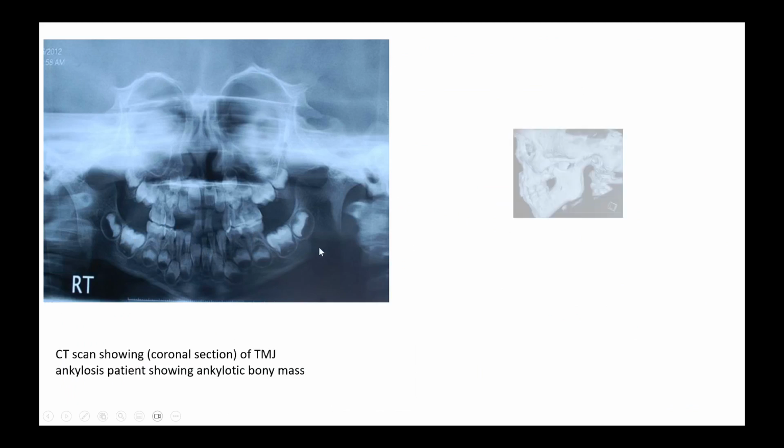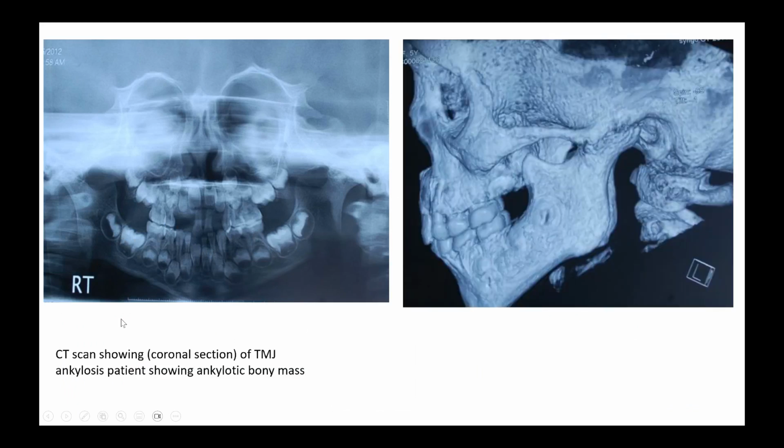And this is the orthopantogram, which is normally taken to find out. You can see literally all the upper jaw teeth are touching the lower jaw without any mouth opening. This is a CT scan showing the TM joint ankylosis. This is the reconstructed image.